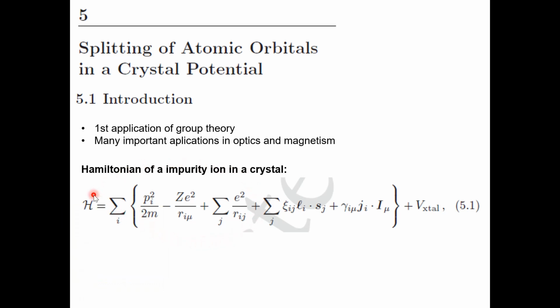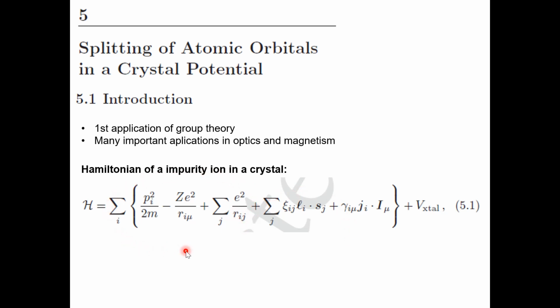The first three terms correspond to the kinetic energy of the electrons, the Coulomb interaction between the electrons and the nucleus, and the electron-electron interaction. So this is the Hamiltonian for the atom, sorry, for the atom without these other terms, which are also for the atom: the spin-orbit interaction and the hyperfine interaction.